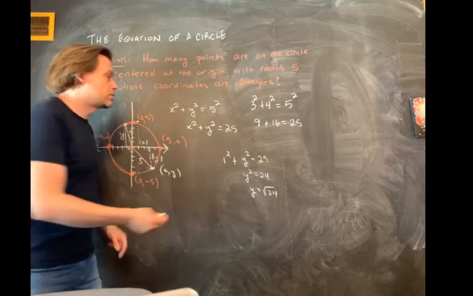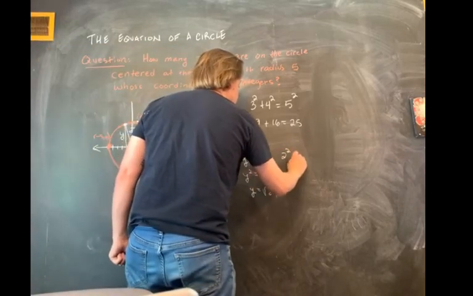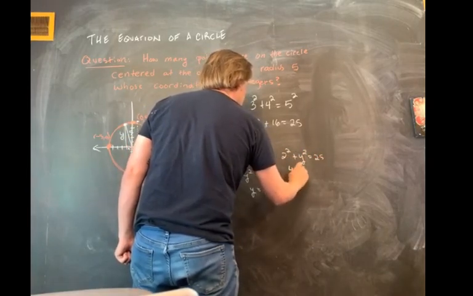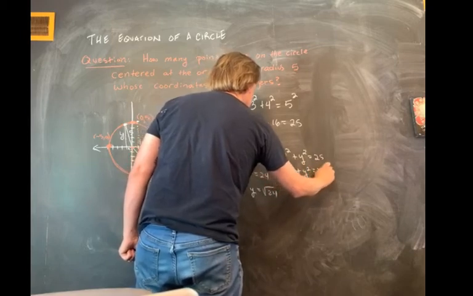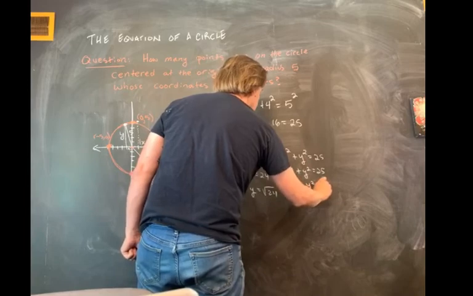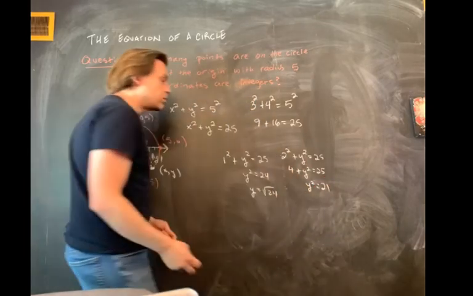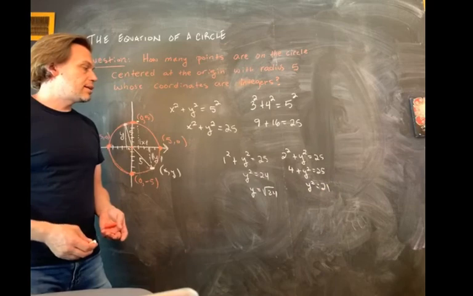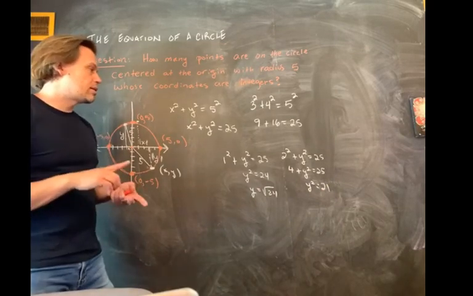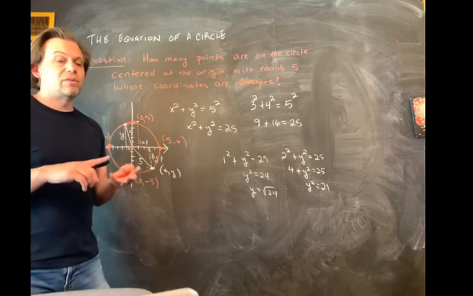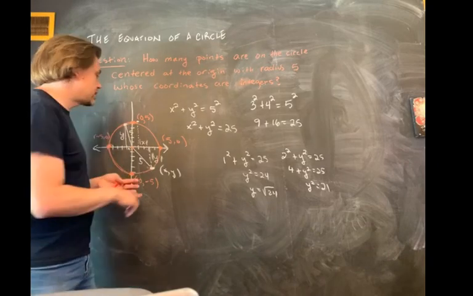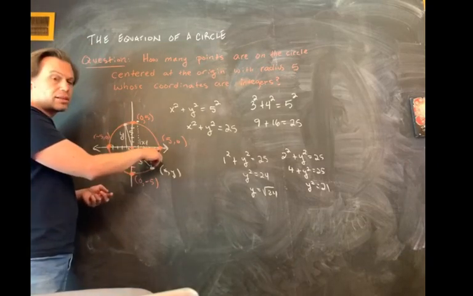Same if you do 2. 2 squared plus y squared is 25, and you get 4 plus y squared equals 25. Y squared equals 21. Take the square root, and it's not a perfect square, right? So it doesn't work for 1, doesn't work for 2, but it works for 3, works for 4, and then it won't work for 5 either. You can check that as well. Oh no, it does work for 5, I'm sorry, because that lands right down here.